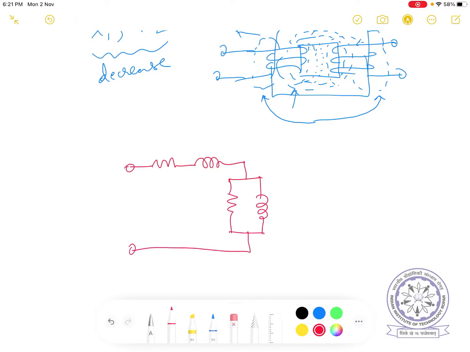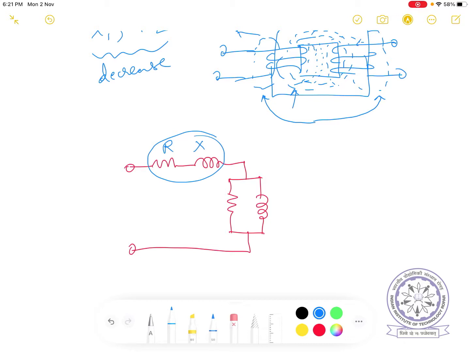This branch is the series branch, representing the total winding resistance of secondary plus primary, and this is the leakage reactance of both secondary and primary, referred to one of the sides, maybe the primary side or the secondary side. Please remember, whatever we have been talking about until now are referred quantities, not actual quantities. So it is transformed using the turns ratio.